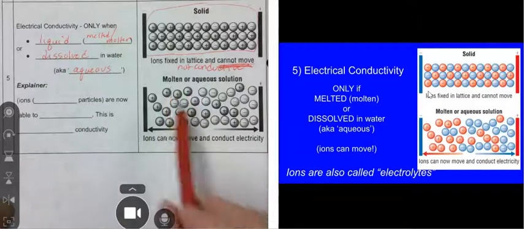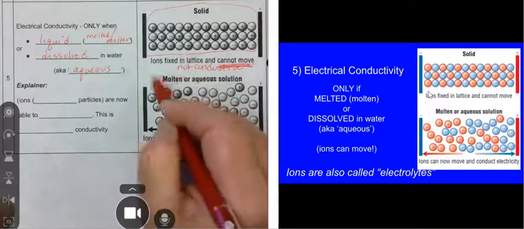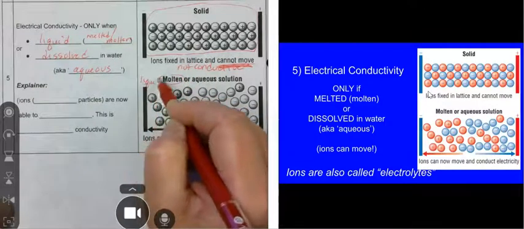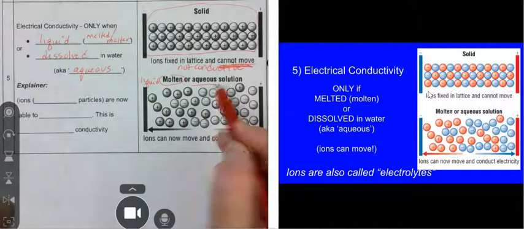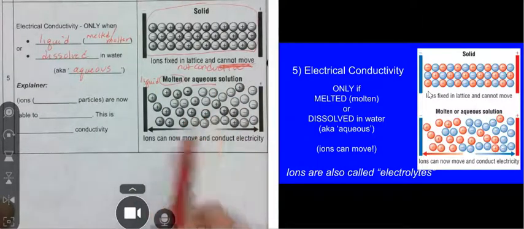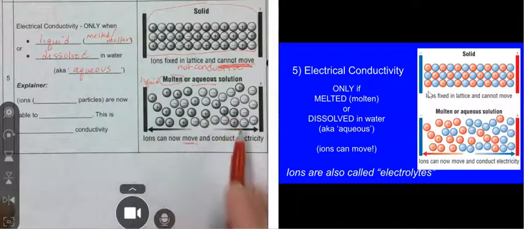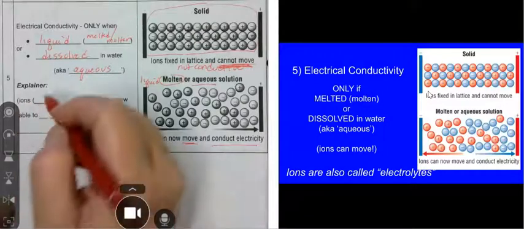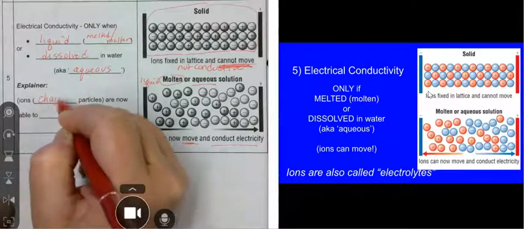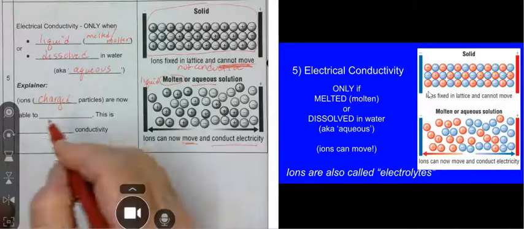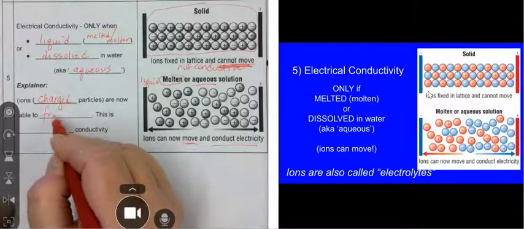When it is molten, meaning liquid, or when it's aqueous, which means it's dissolved, then those ions are now free to move. And when you have charged particles that can move, it can conduct electricity. So the explainer here is that ions are just charged particles that are now able to freely move.